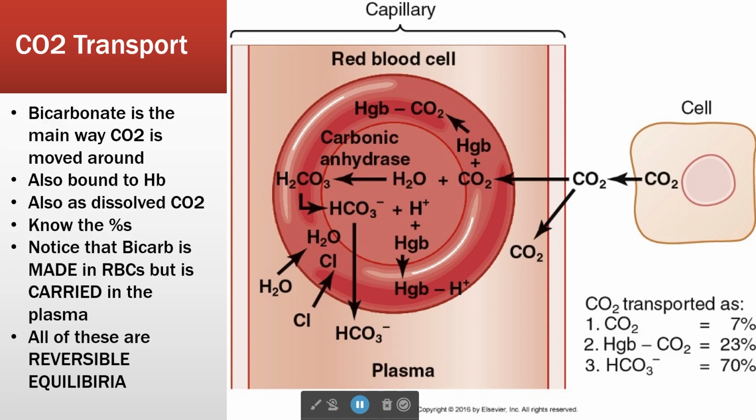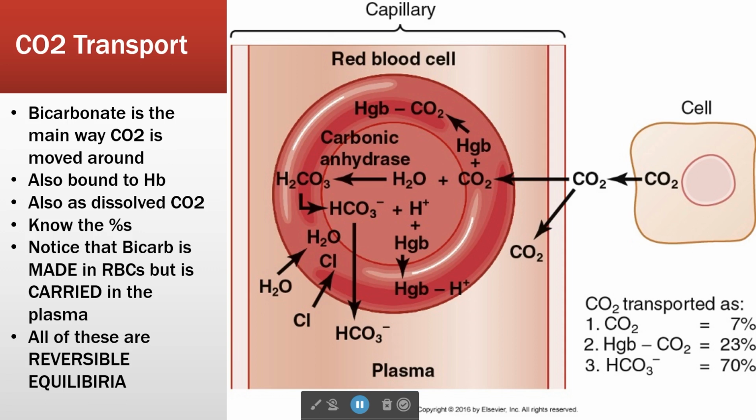Now we're going to take this cell and move it to the lungs. Okay, all of these reactions reverse. Bicarbonate goes back in exchange for chloride going out. Bicarbonate joins with hydrogen ion, makes carbonic acid, which breaks down into H2O and CO2. That CO2 comes out of the cell and then diffuses into the lungs where it's exhaled, right?